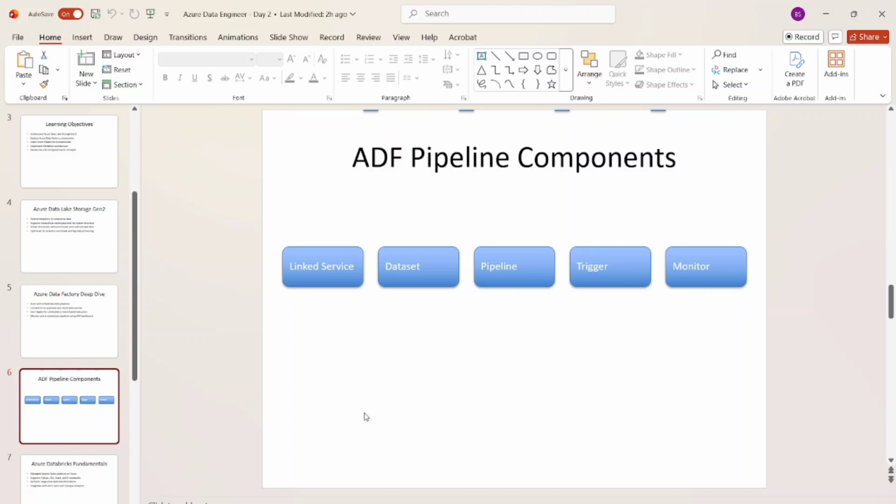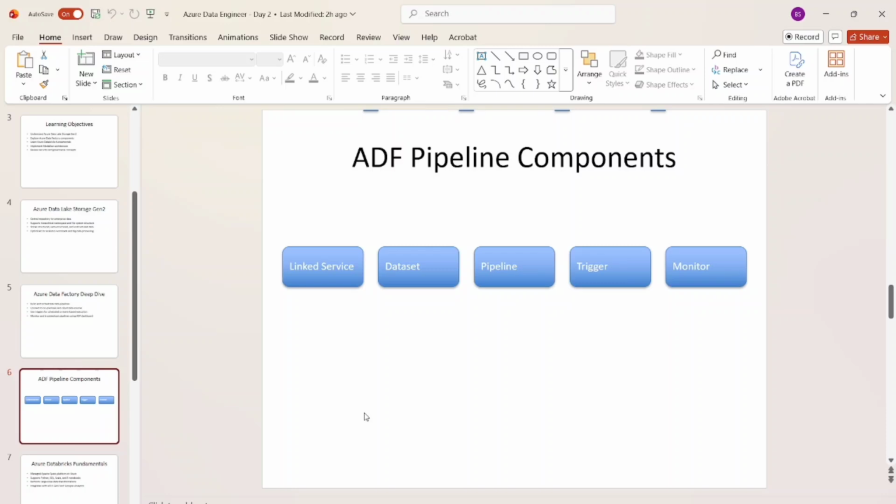Okay, so this is important. Second one is dataset. What is dataset? It represents the data structure within a linked service. First, you should know what is a linked service. A linked service defines the connection information for a data source or compute service. What is a dataset? It represents the data structure within a linked service.